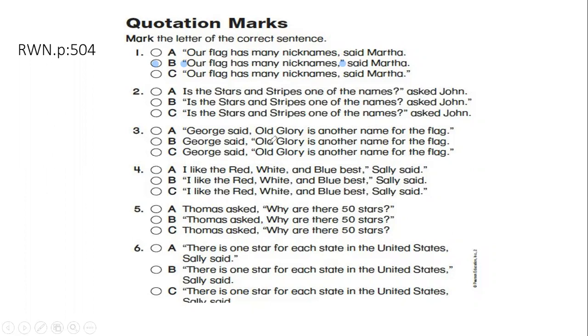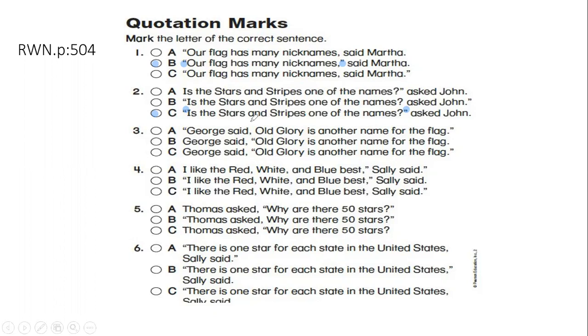Asked John. Yes, number A is not correct. For B, we have here, we don't have here. Let's see number C. We have here and we have here. See? Quotation at the beginning and at the end of the direct speech. So C is correct.